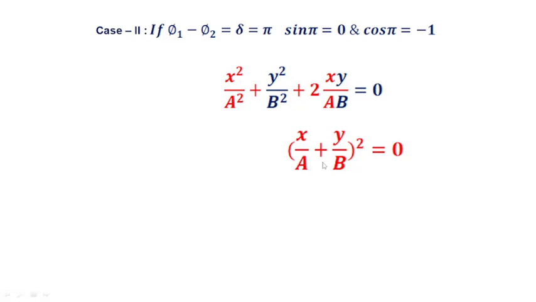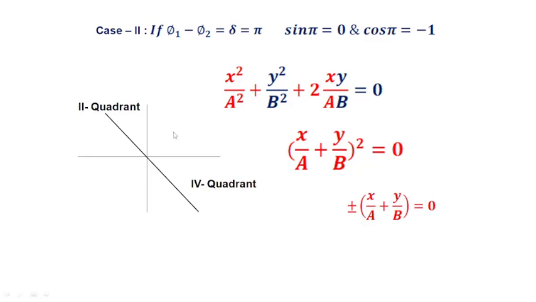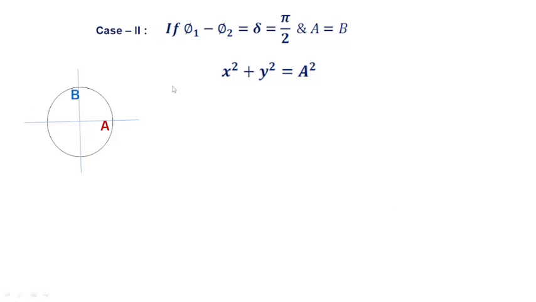X by a plus y by b, bracket square, is equal to 0. This is again a straight line, in quadrant 2 and quadrant 4. If phi 1 minus phi 2 is equal to delta is equal to pi by 2 and a is equal to b, then we get a circle: x square plus y square is equal to a square. That's it.